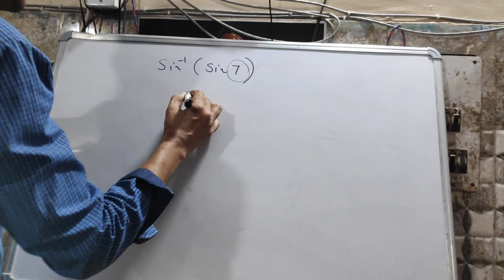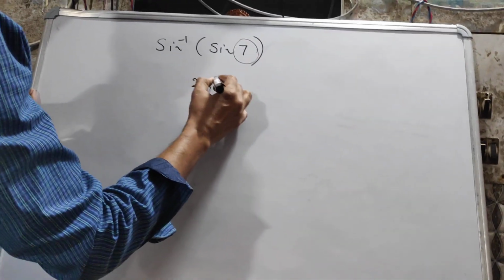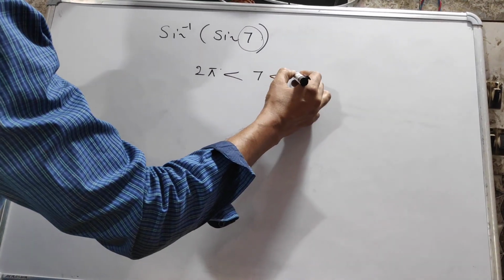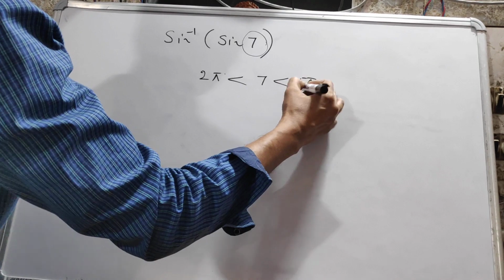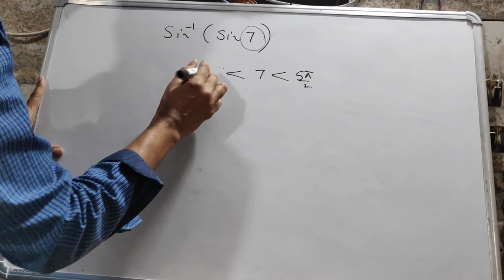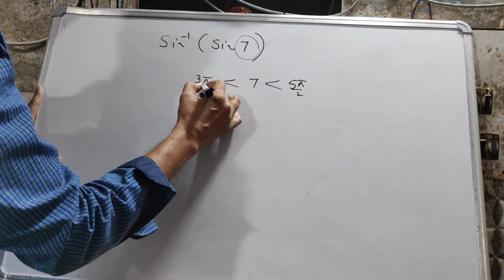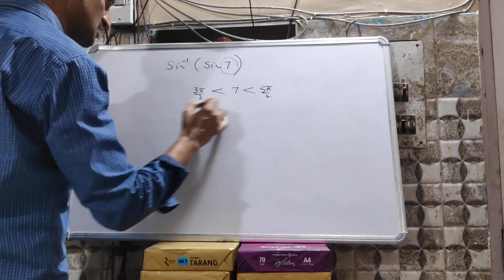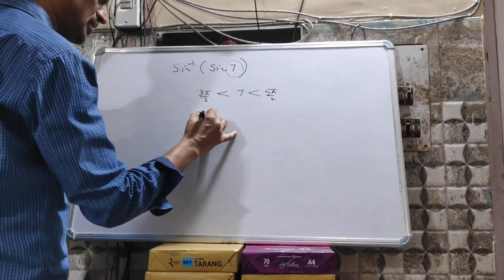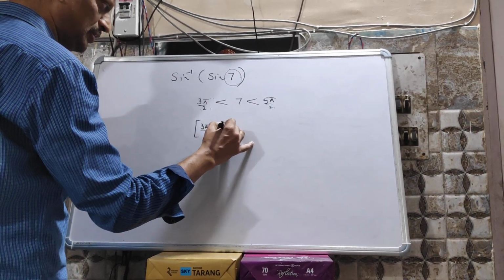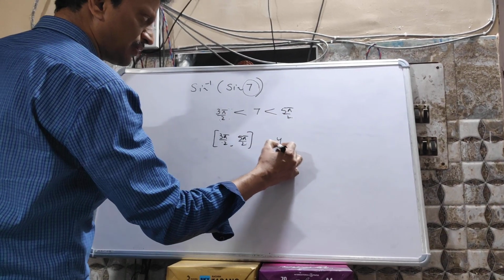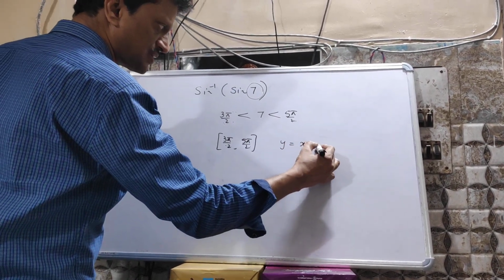And 7, you know, is greater than 2 pi but less than 5 pi by 2. That means you can say it is between 3 pi by 2 and 5 pi by 2. When x lies between 3 pi by 2 and 5 pi by 2, passing through the 2 pi line, y equals x minus 2 pi.